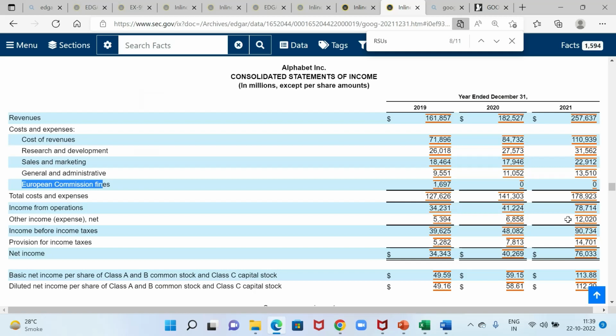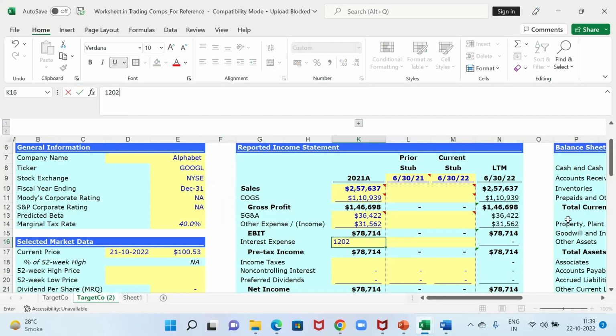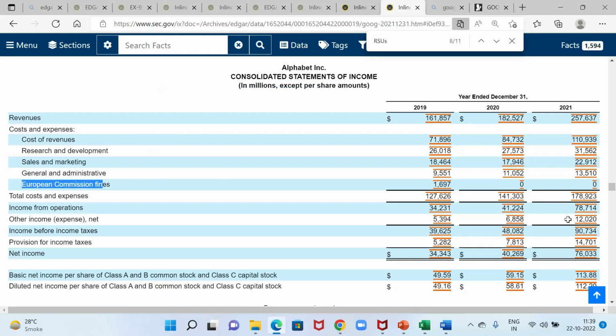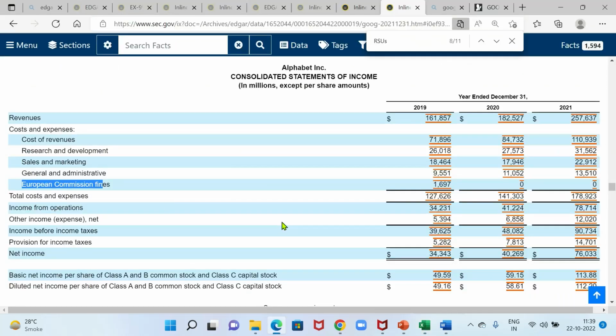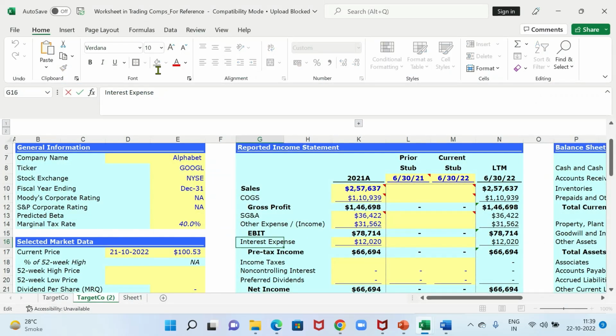So in other income it is 12020. Remember, I'll just change this interest expense to other. We'll have to modify depending on the line items, as this is a generic sheet. So this is my income.